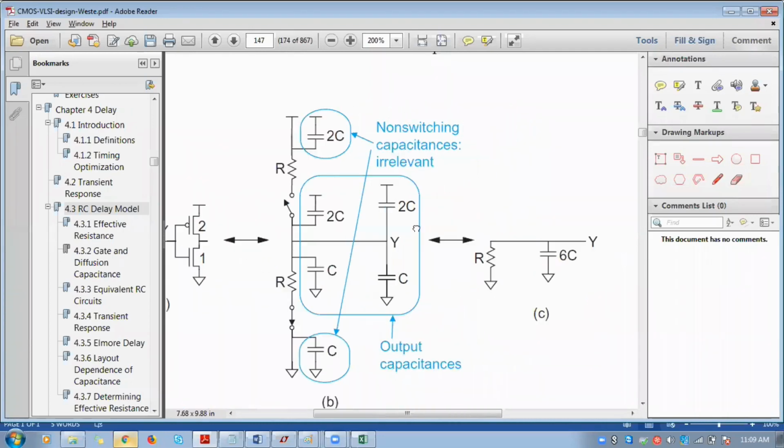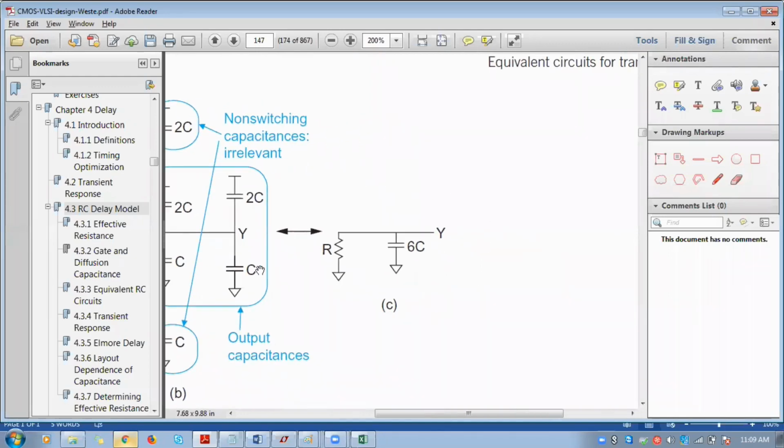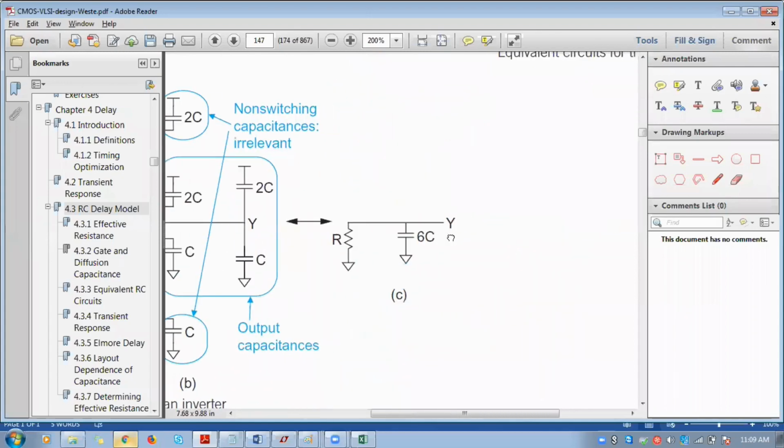This 2C will be eliminated. All these capacitors are connected in parallel, so we can add them to calculate the equivalent capacitance. So you will get 6C here. This will be the equivalent circuit related to one inverter.